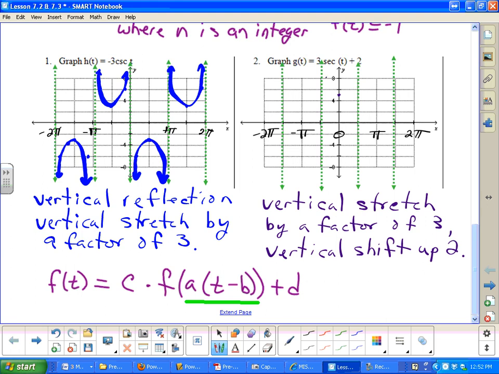So we're going to be at 8 here and here. So on the other side of the asymptotes then, we're in the negative.